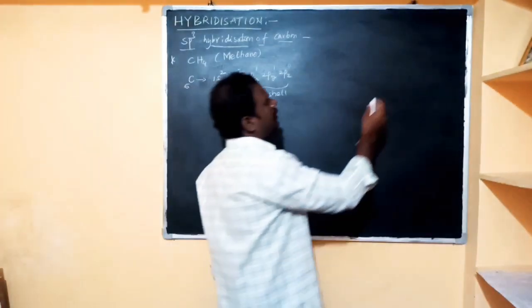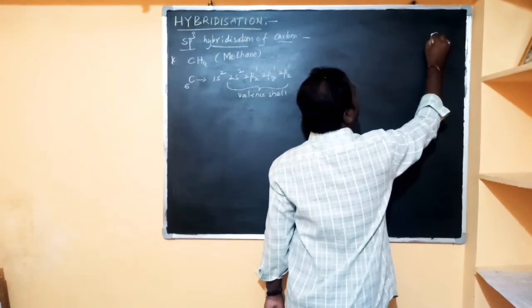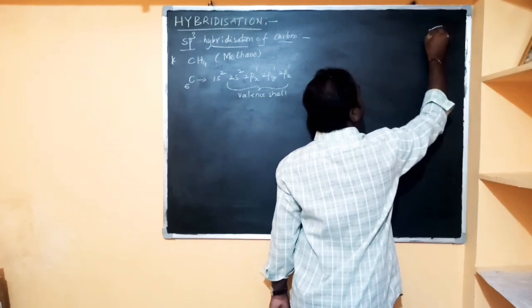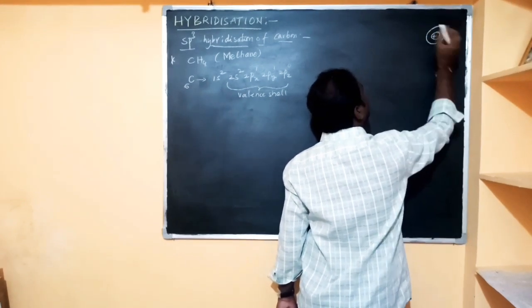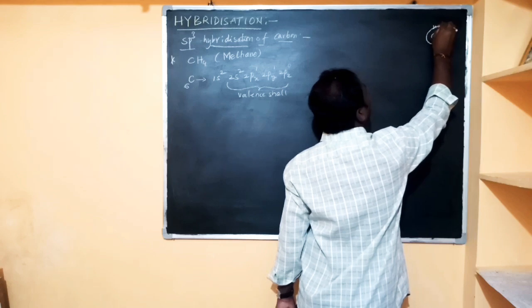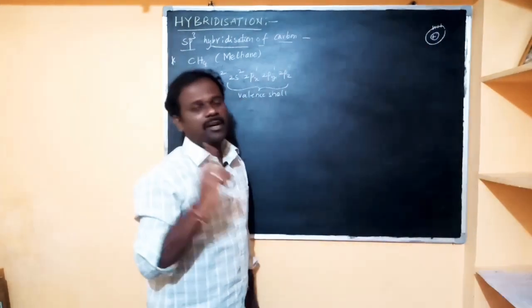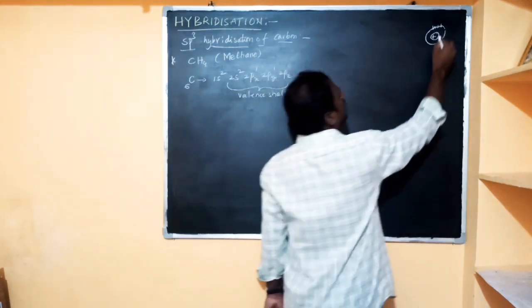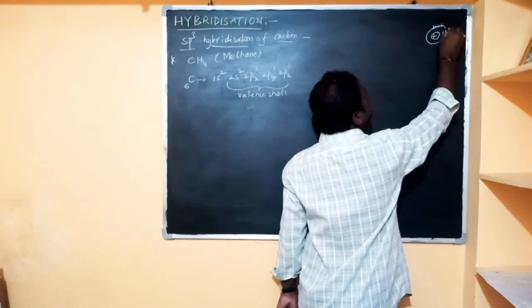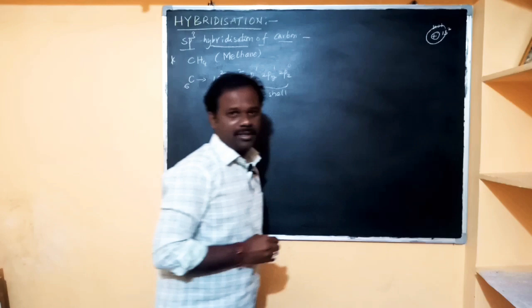For example, this is the nucleus of the carbon and this is the first orbit, that is n equal to 1, the principal quantum number equal to 1. In this first orbit we have 1s2 as the electronic configuration.